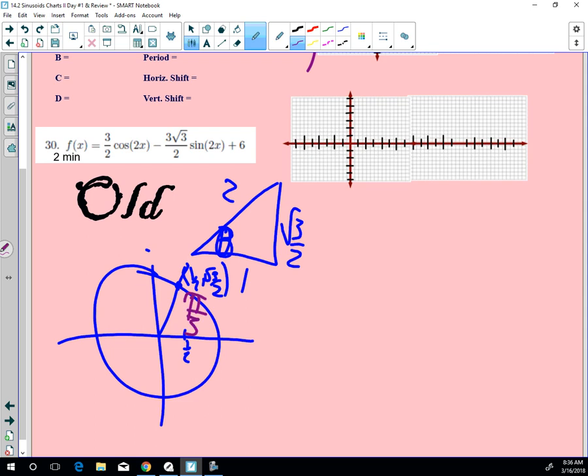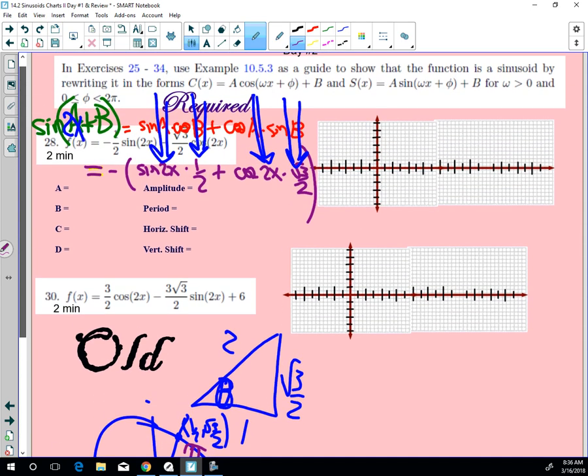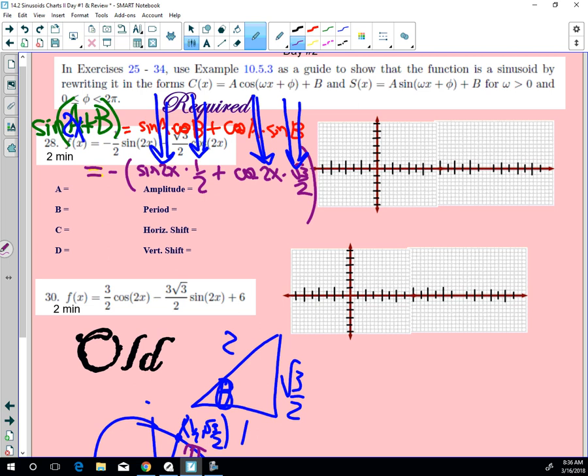Three. So the cosine of pi over 3 is 1/2, and the sine of pi over 3 is the square root of 3 over 2. B becomes pi over 3.